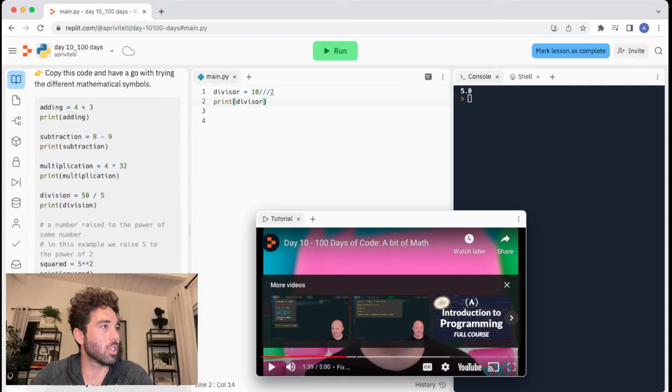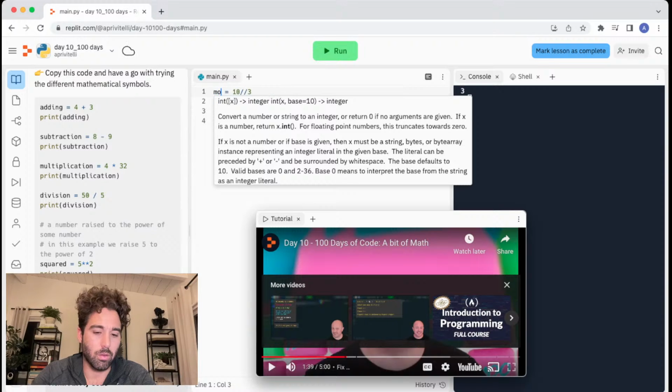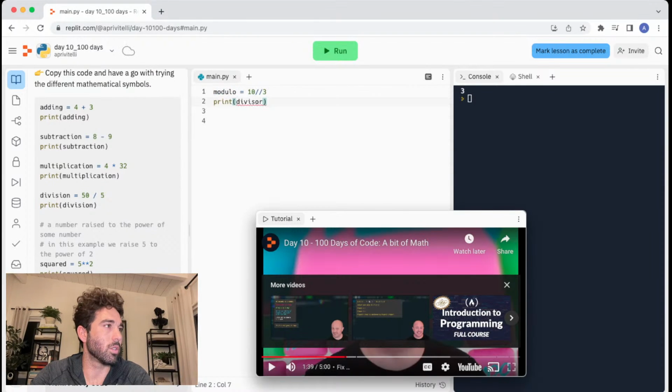See. Divisor, 3. 3? Okay. Modulo. Dude. Modulo. This should be like 1. 3? Oh, I'm doing the wrong thing. Percentage. Is this 1? 1. Okay.